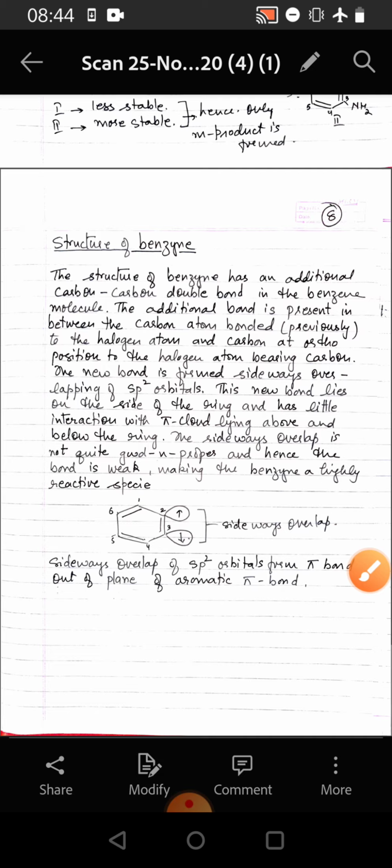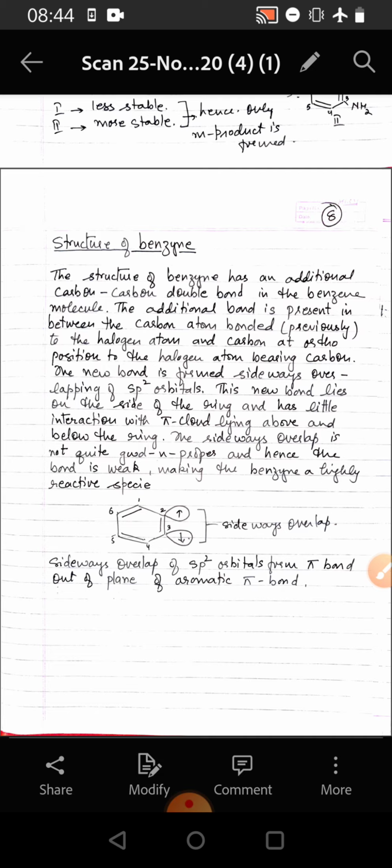Now we come to the structure of benzyne. The structure of benzyne has an additional carbon-carbon bond in the benzene molecule. The additional bond is present in between the carbon atom bonded previously to the halogen atom and the carbon at ortho position to the halogen atom bearing carbon. The new bond is formed sideways, by overlapping of the sp2 orbitals.